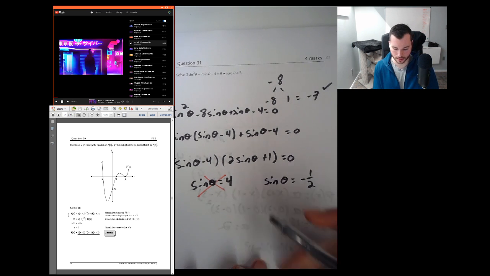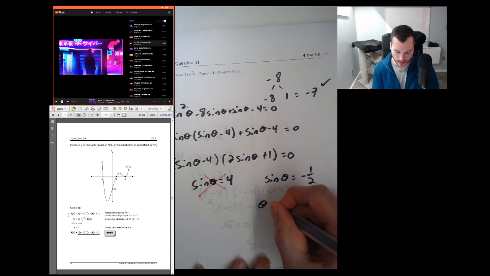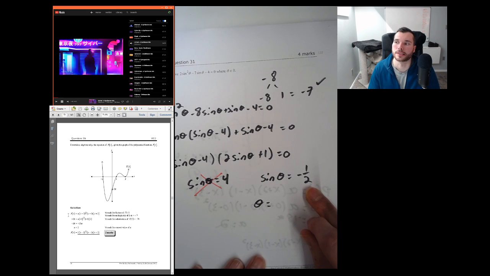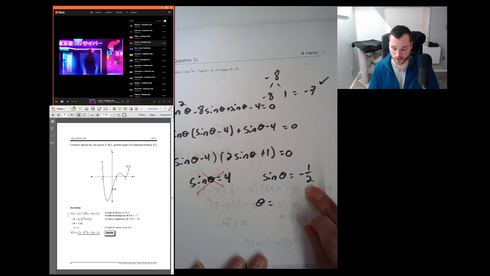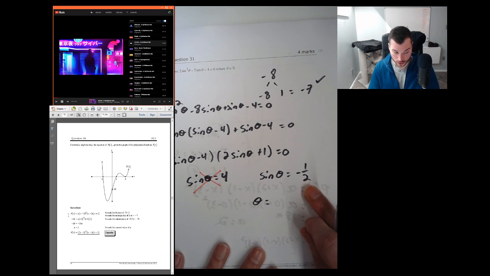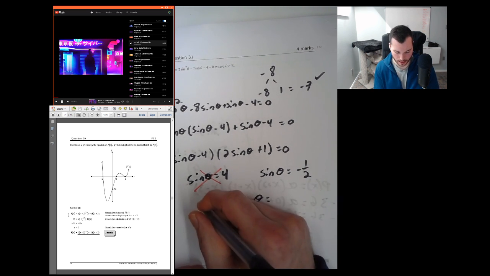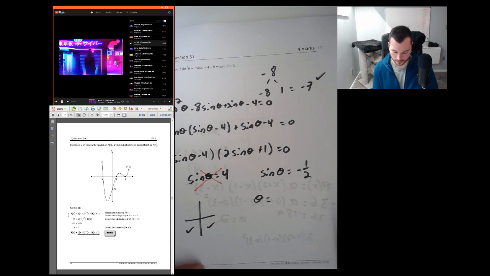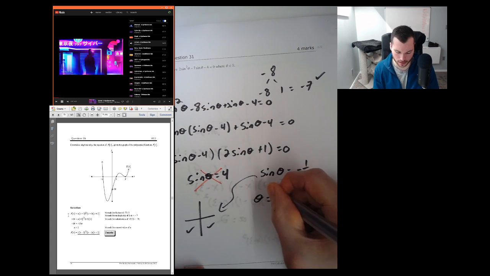But then from there, we say that theta is equal to a half. That's in our pi by 6 family, and it's in quadrant 3 and 4. So let's just make a little check. So it's pi by 6 in quadrant 3. Why am I struggling so much with this? It is 7 pi by 6.